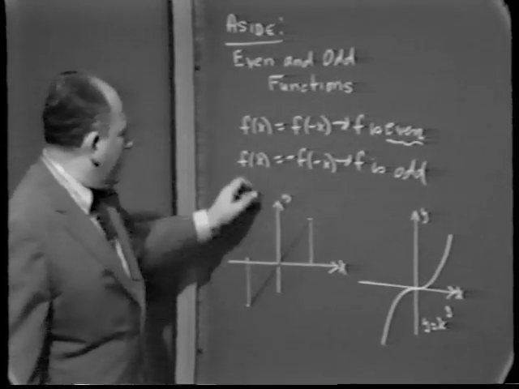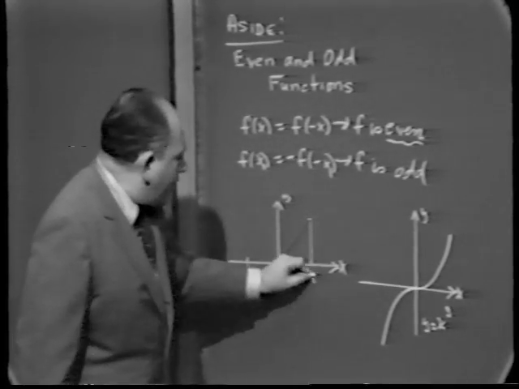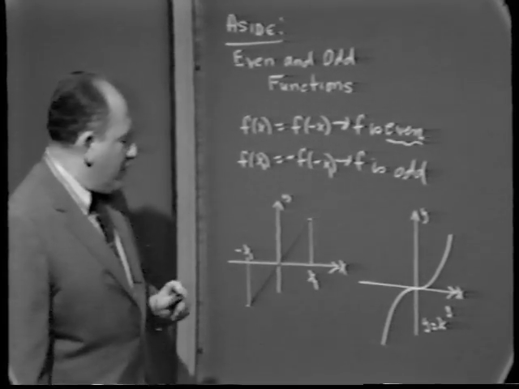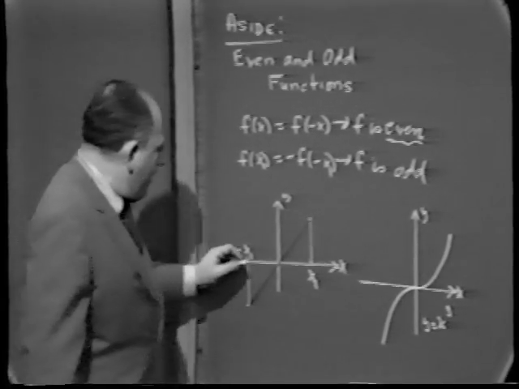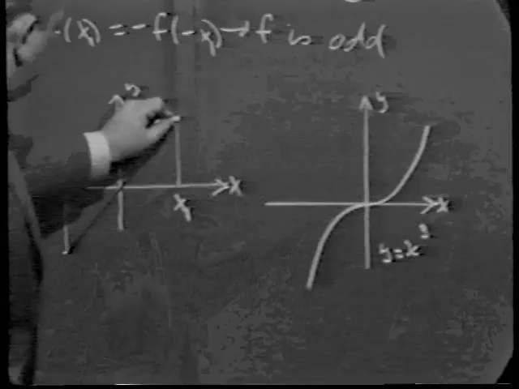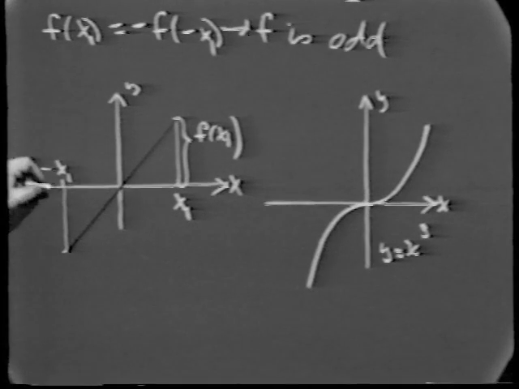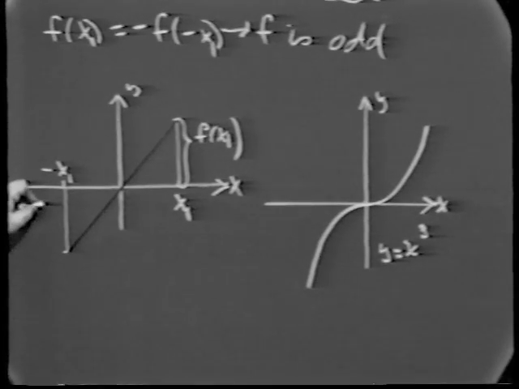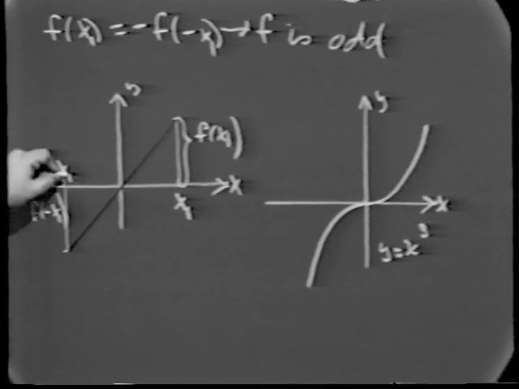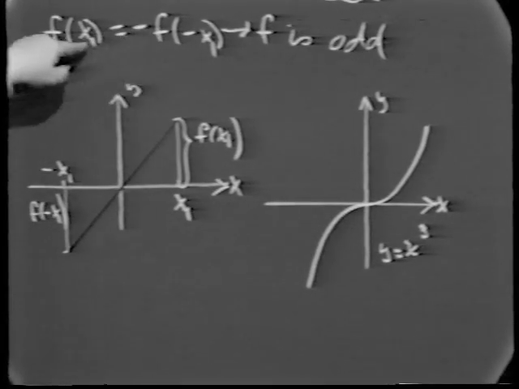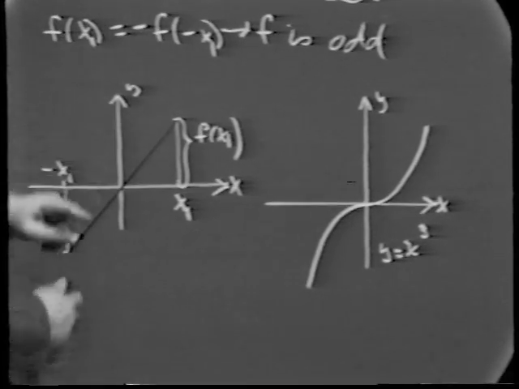Now, what does this mean pictorially? Again, x1 and minus x1 are symmetrically located with respect to the y-axis. This height would be called f of x1, and this height here would be called f of minus x1. And to say that these two heights are equal in magnitude but opposite in sign means what?